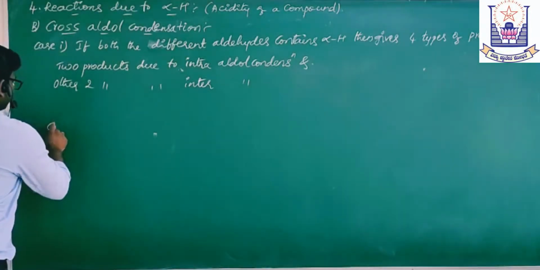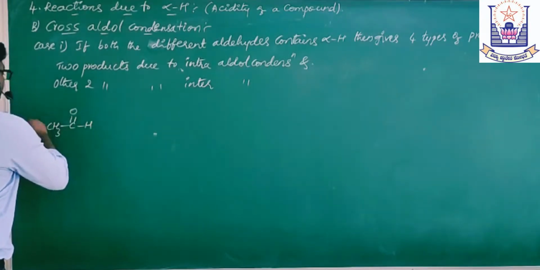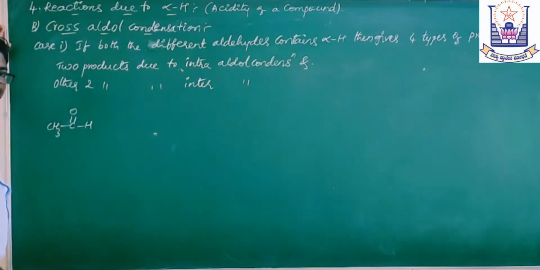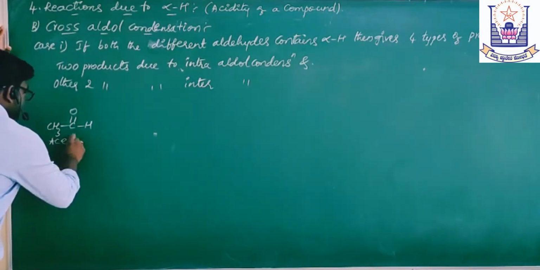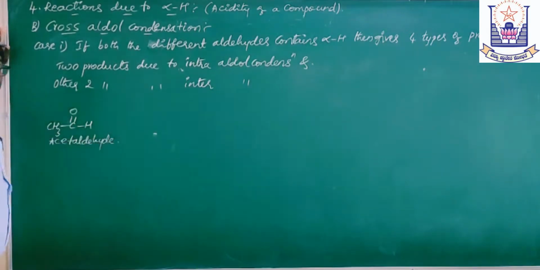Take the CH3C double bond OH. This is called acetaldehyde. Okay, and take the propionaldehyde.